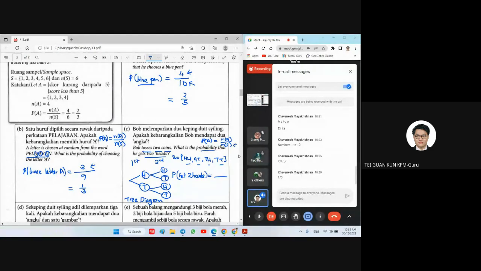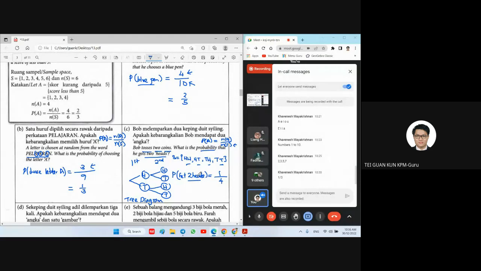So berapa dia punya jumlah outcomes yang ada? Berapa jumlah? 4. Okay, daripada 4 outcome ni, berapa kali dia dapat two heads? Satu lah. So out of 4 outcomes, only sekali je. Two heads. So the answer is 1/4 lah. Tu je lah.